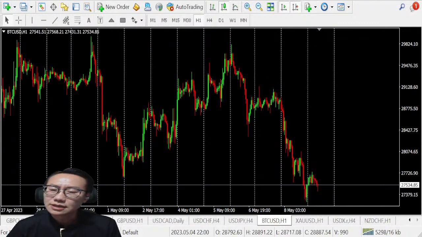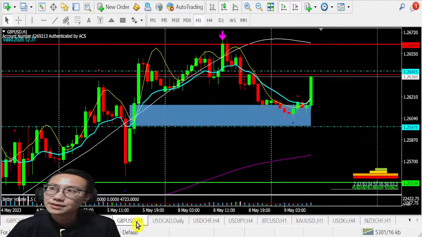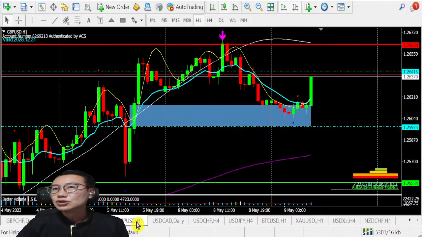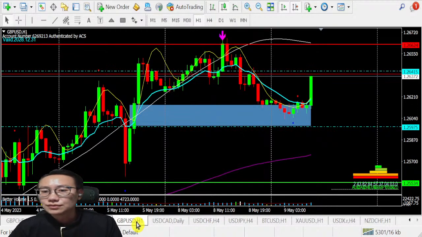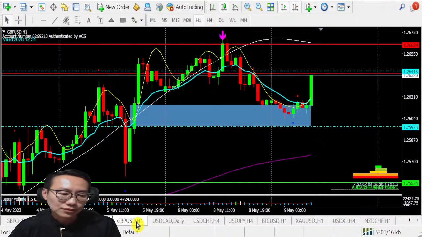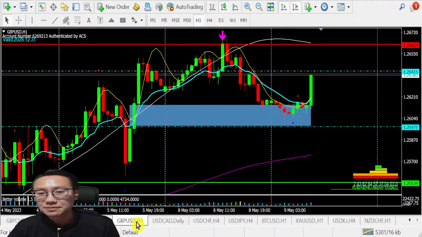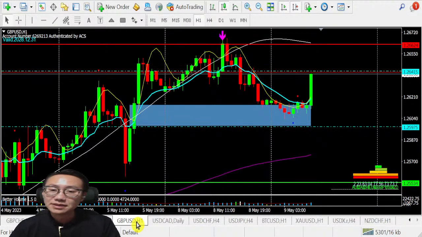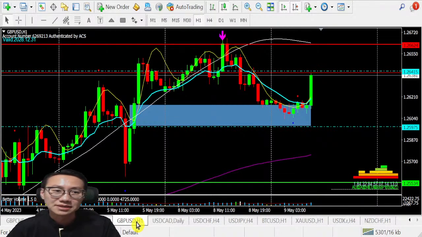I think there are many, let's say for pound dollar. There are many people talking about this smart money. So which area are you talking about? The area that you're asking about is how the institutional traders trade, am I right?